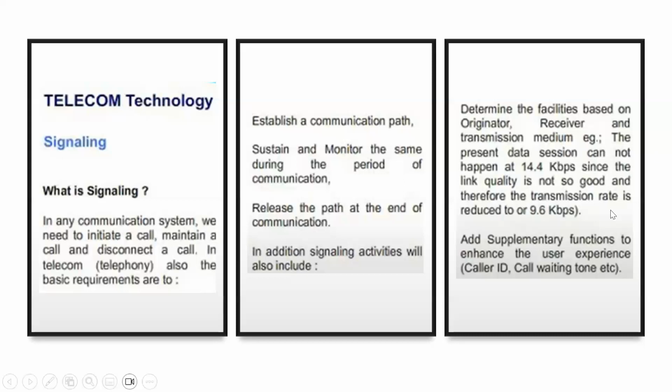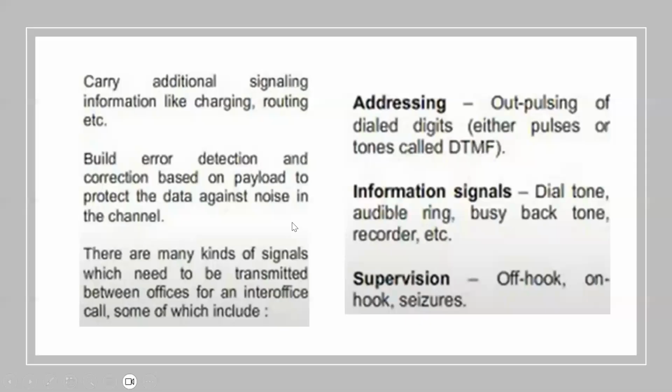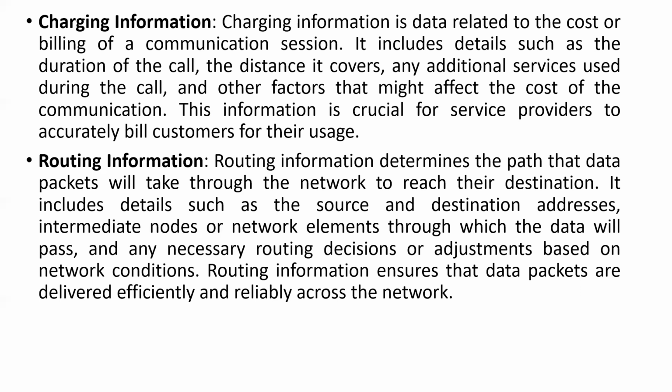Now there should be supplementary functions to enhance the user experience, like caller ID, call waiting tone, etc. Signaling will also carry additional information like charging, routing, etc. What is charging information? Charging information is the data related to the cost or billing of a communication session.